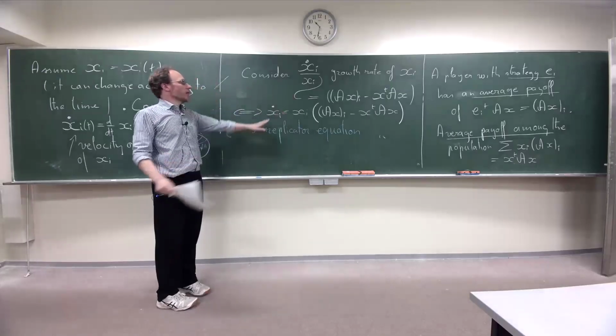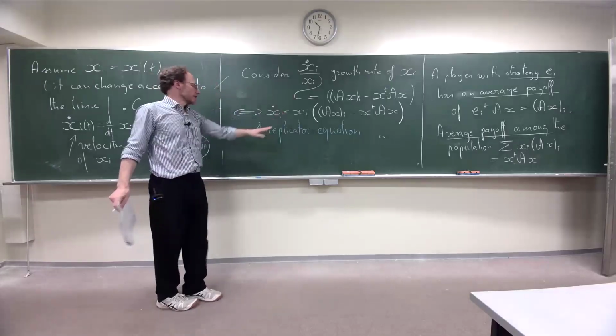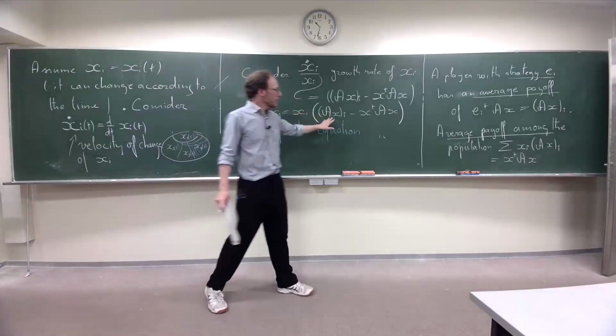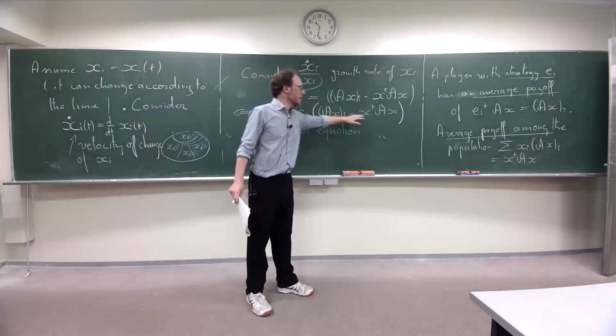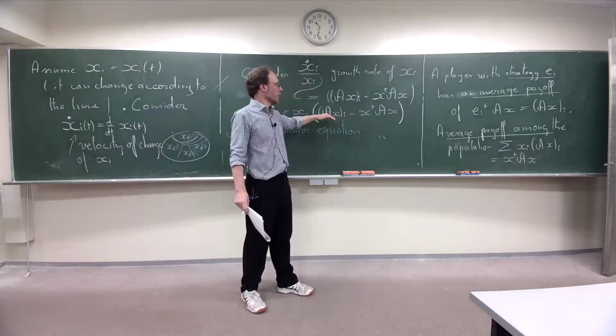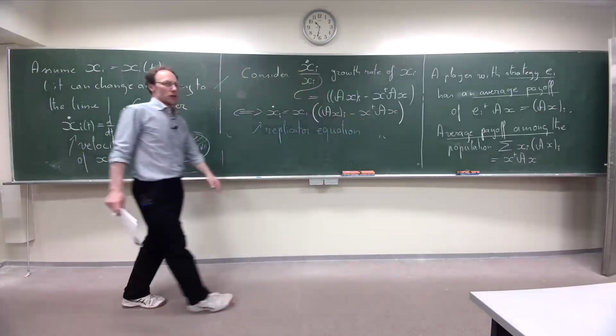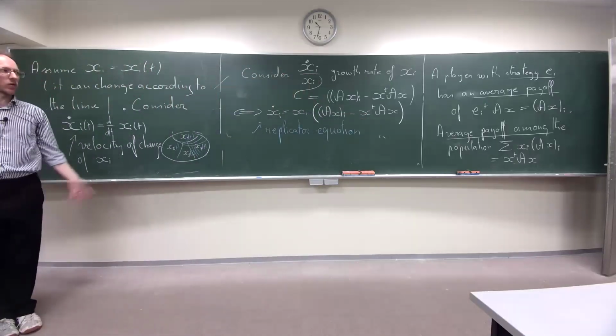The derivative of xi is proportional to xi times this difference, which means this difference is positive if on average your strategy is better than the average strategy. So it has a meaning.